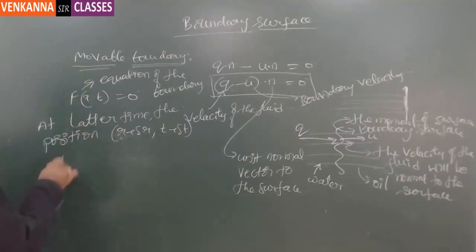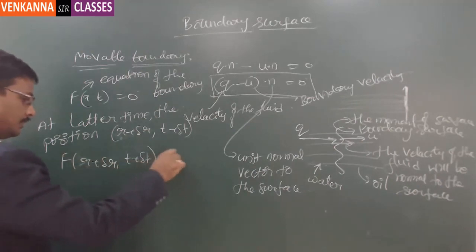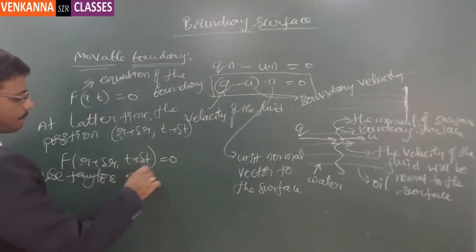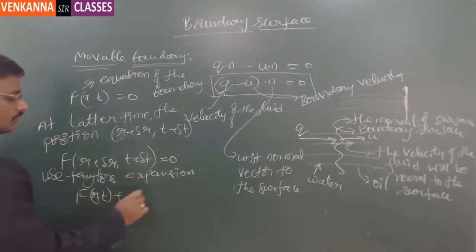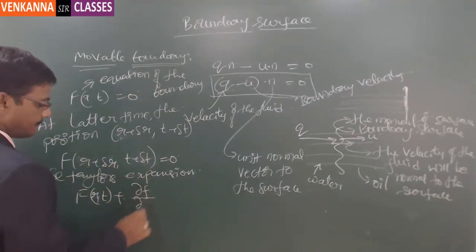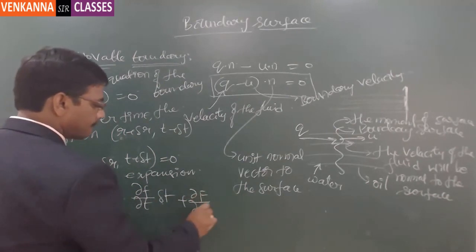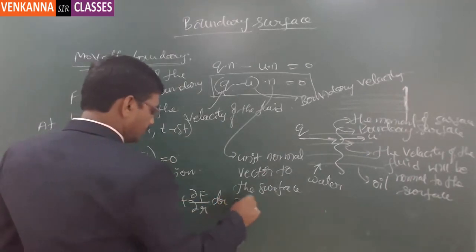Then obviously f of r plus delta r comma t plus delta t equals 0, and if you expand this with the help of Taylor's expansion, this will be f of r comma t plus dou f by dou t into delta t plus dou f by dou r into dr, and this is equal to 0.